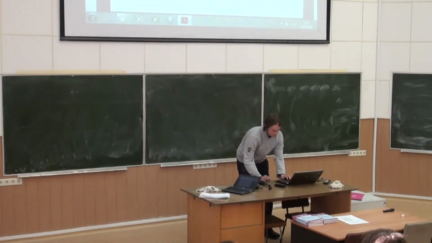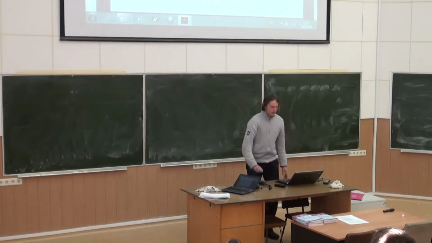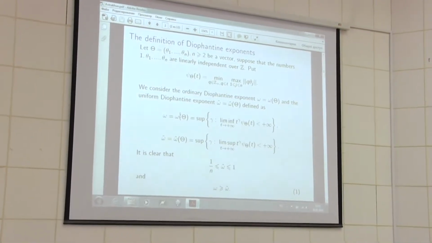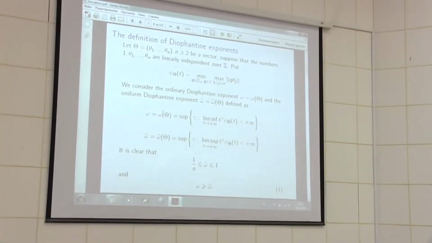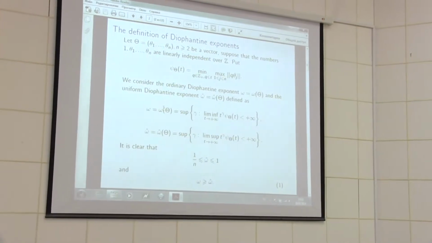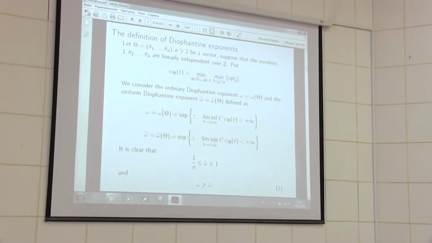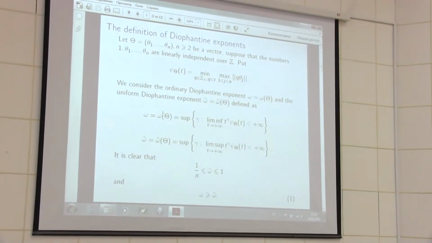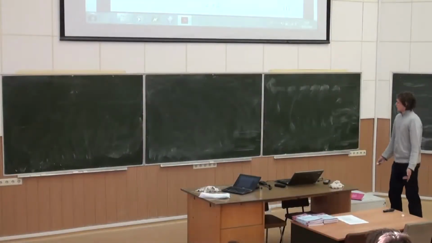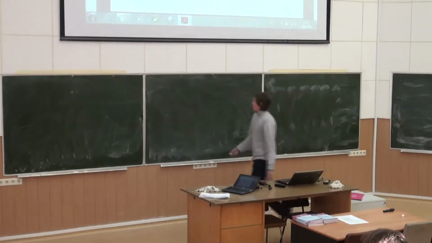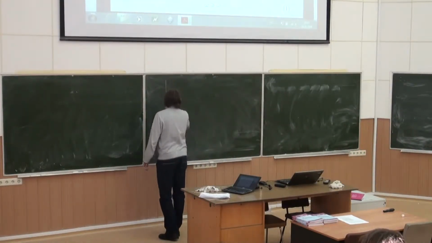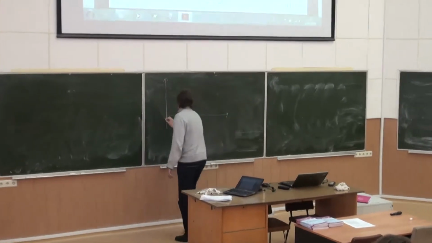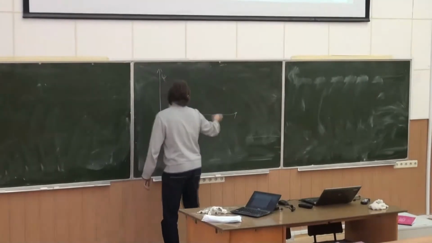So I'll repeat something. Let theta be a vector and suppose that the components of the vector are linearly independent with 1 over Z over Q. And we consider such a function psi of t. Let's draw a plot. It's very simple. Here is psi, here is t.